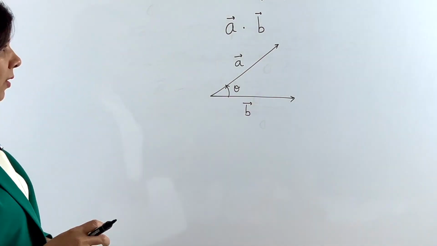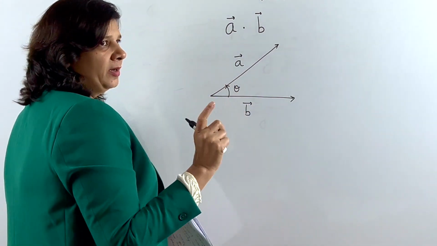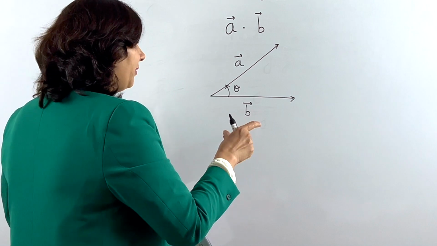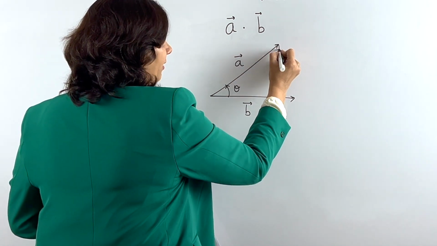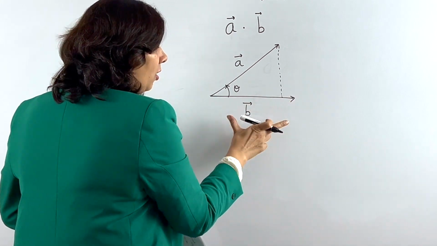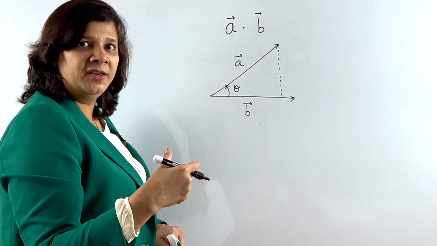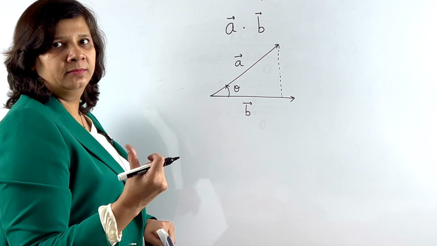Okay. Now this scalar product A dot B is defined as the projection of vector A on vector B into the magnitude of B. Okay.